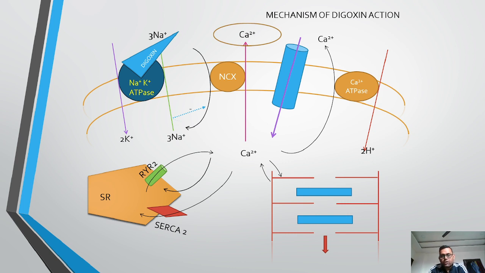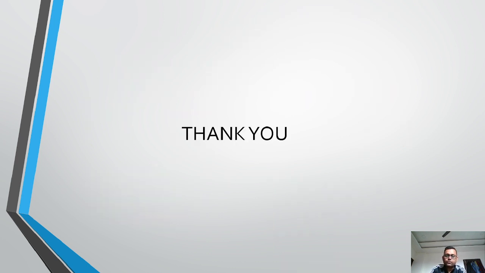So the sodium is entrapped inside the cell, and as it is entrapped, it blocks the sodium calcium exchanger. As a result, the calcium cannot move out of the cell and is entrapped inside, which leads to the contraction of the cardiac muscles and increases the positive inotropic effect, the force of contraction. So this is all for today. Thank you so much.